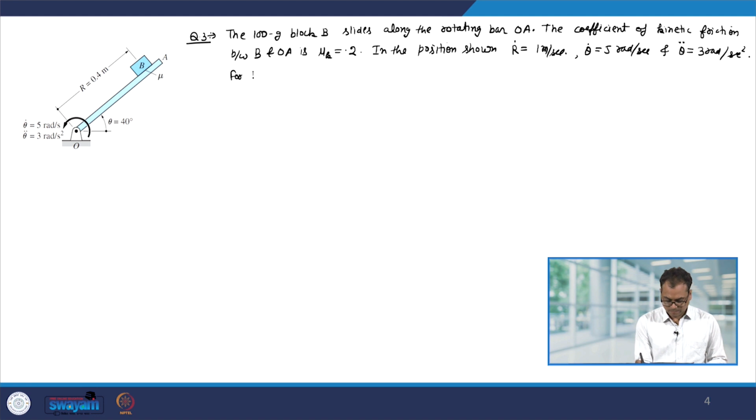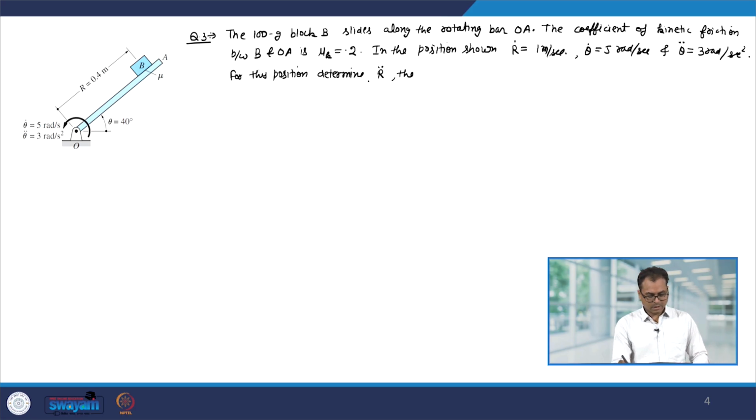For this position, determine r double dot, the acceleration of B relative to bar OA.